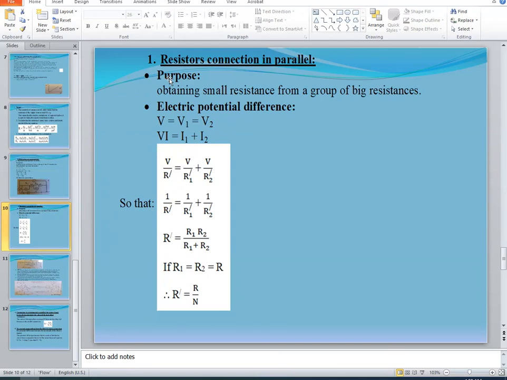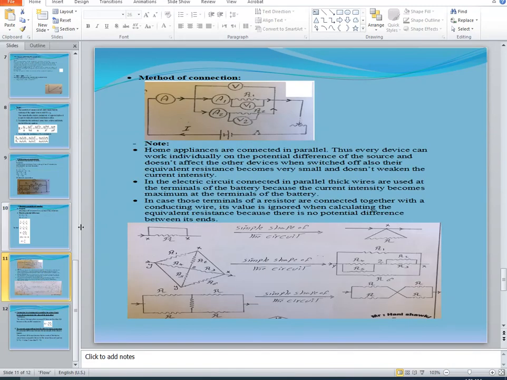If all the values of the resistors are equal, this will make the rule R total equals R over N. But you can use R1 times R2 over R1 plus R2 if the values of the resistors are different. This is the figure of the connection in front of you.